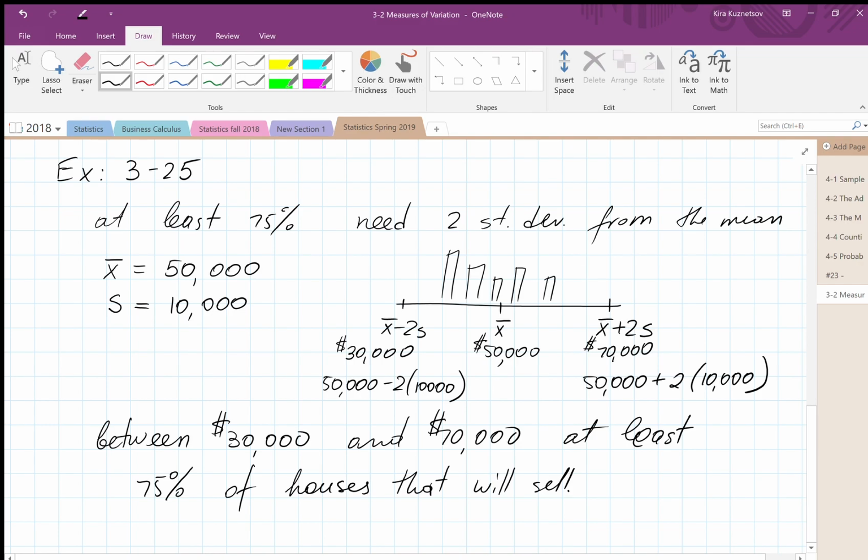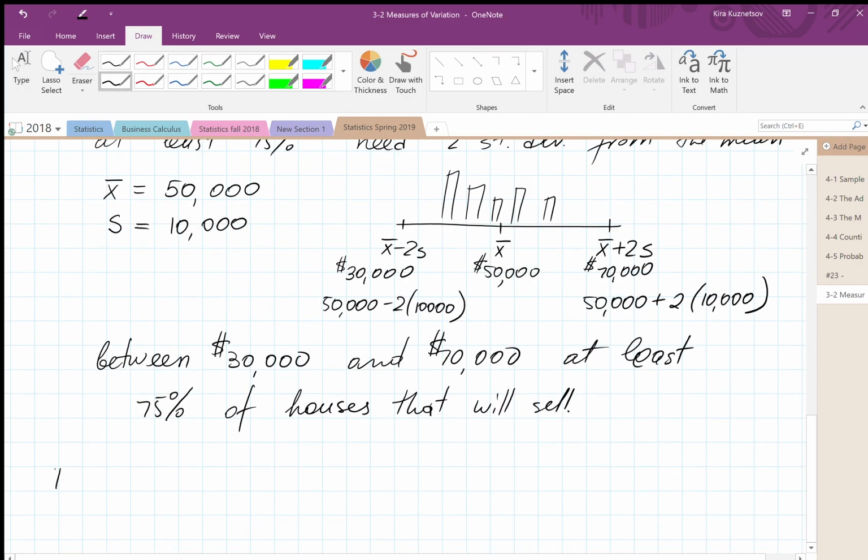Okay, let's take a look at the next example, on the next page, 3-26. In the next example, a survey of local companies found that the mean amount of travel allowances for a courier was $0.25 per mile. The standard deviation was $0.02, so 2 cents.